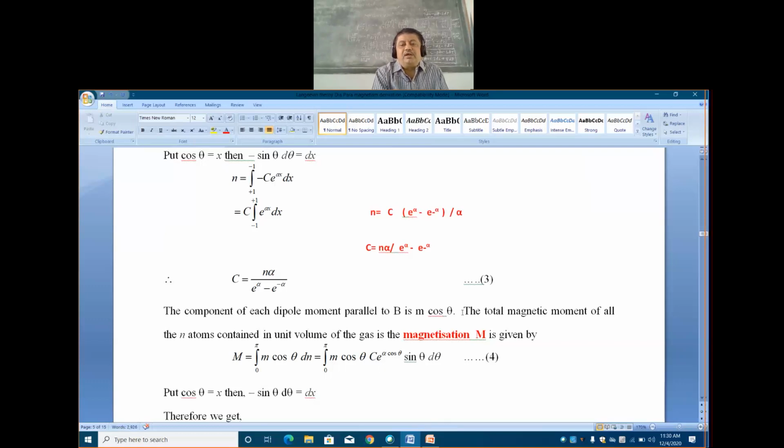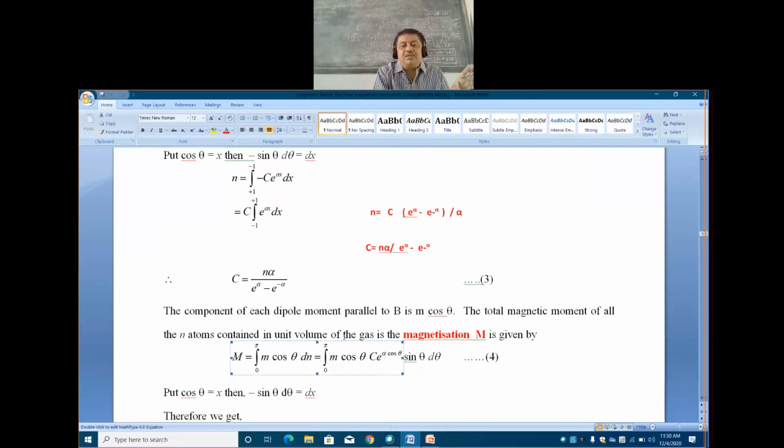The total magnetic moment of all n atoms contained in unit volume is magnetization. So capital M is magnetization, small m is magnetic moment. Note this difference in problems. So M is magnetization, which is the total magnetic moment of all n atoms in unit volume.